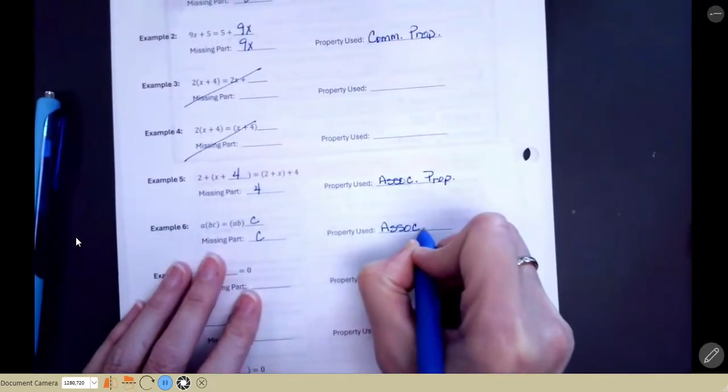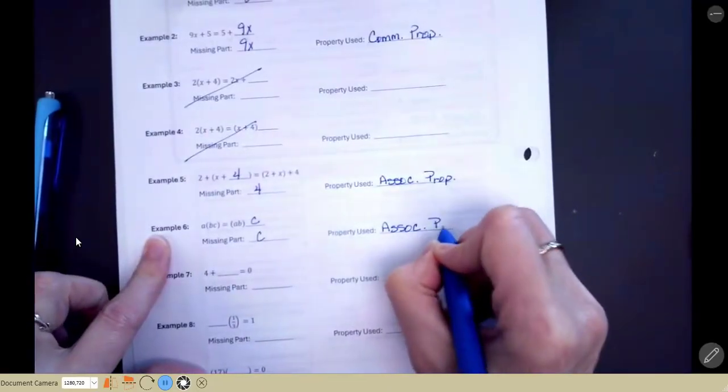What is the difference between example 5 and example 6? Can somebody tell me? Tavon? The difference is that example 6 is only like letters and variables.